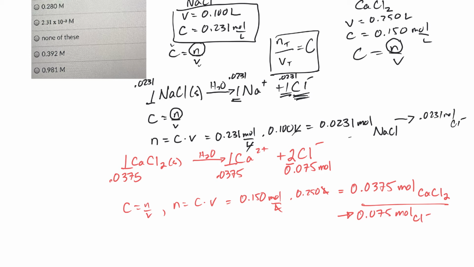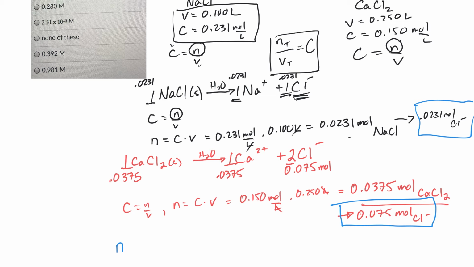Okay, so they ask what is the concentration of the chloride ions when you dump them in together. So now what I'll have to do is take a total. Here are the chloride ions from the second solution, and here are the chloride ions from the first solution. I'll add those together.